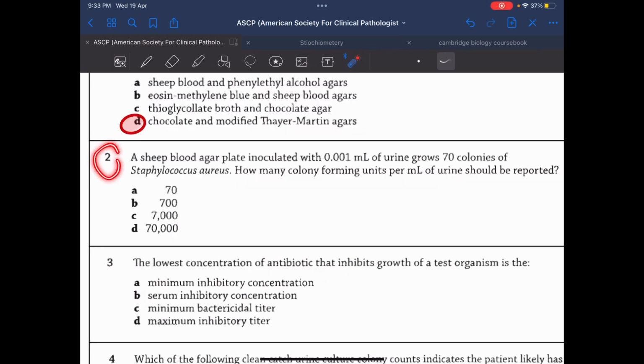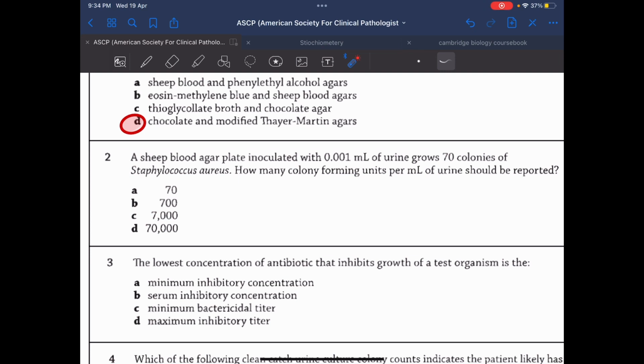Question number 2. A sheep blood agar plate inoculated with 0.001 ml of urine grows 70 colonies of Staphylococcus aureus. How many colony forming units per ml of urine should be reported? A. 70, B. 700, C. 7,000, D. 70,000.